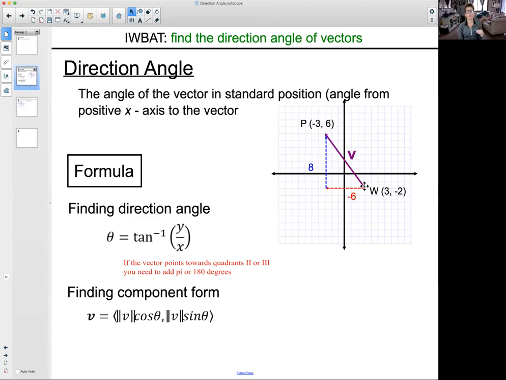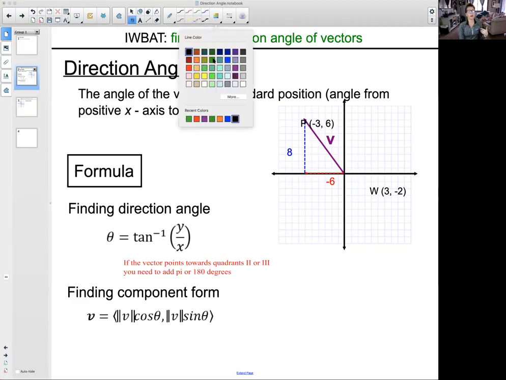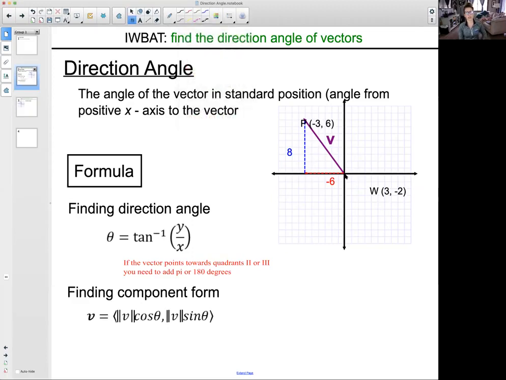You're just simply moving this vector to a different spot on the graph. Then it just allows you to see the direction angle a little bit better here. So the direction angle is going to be formed by the x-axis and the vector. So this is the angle that we're looking for and finding when we talk about a vector's direction.